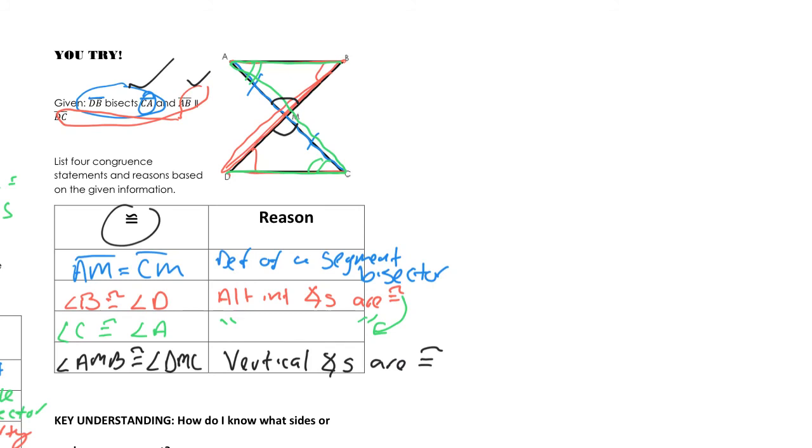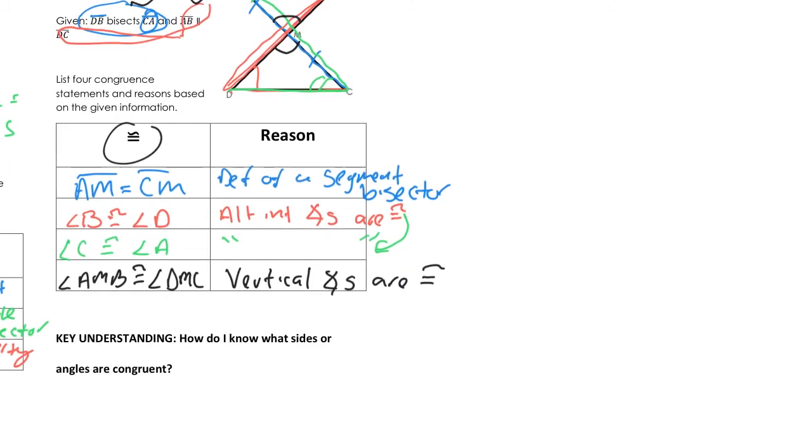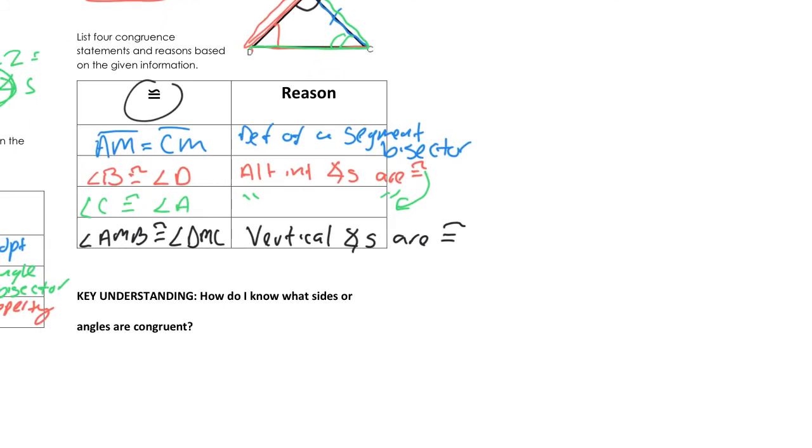So our key understanding for today is, how do you know which sides or angles are congruent? Well, the most important thing is use the givens. The given information will tell you what's going to be equal. So you have to use the givens.